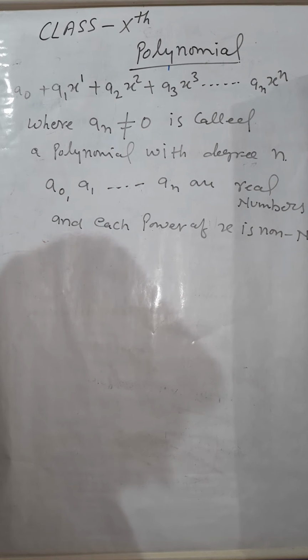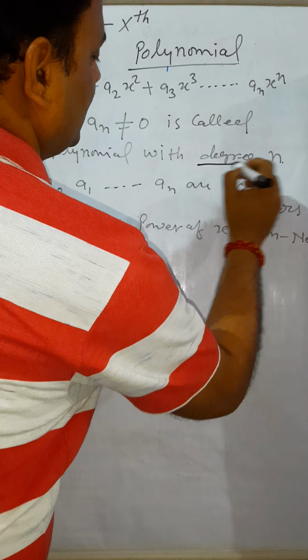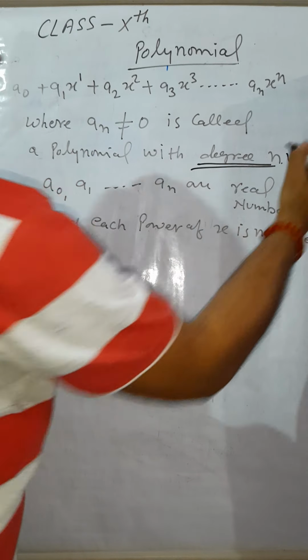Since x has power n, this shows the degree of the polynomial is n.